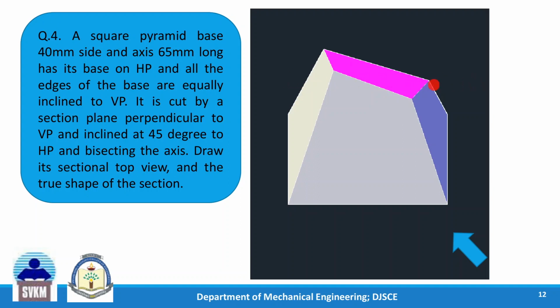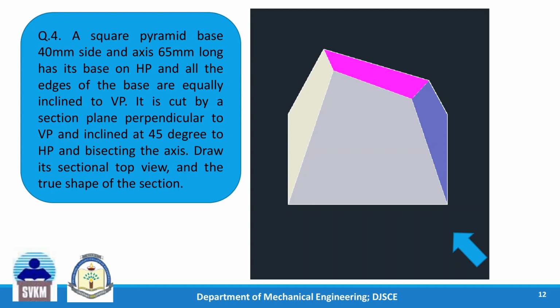The angle of the cutting plane is 45 degrees. So the cutting plane is like this and making 45 degree angle like this. This angle would be 45 with the HP for the cutting plane, and removing the top portion. So this is removed. So this is what is the section. This is what will be seen in the top view for the cut part.